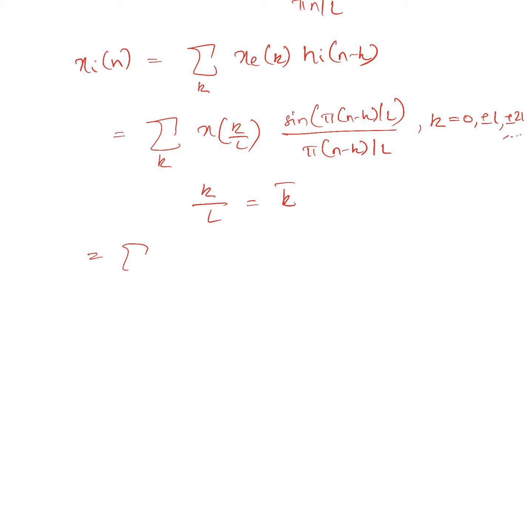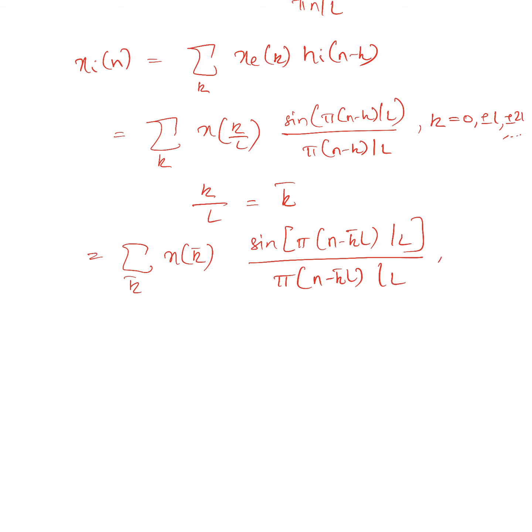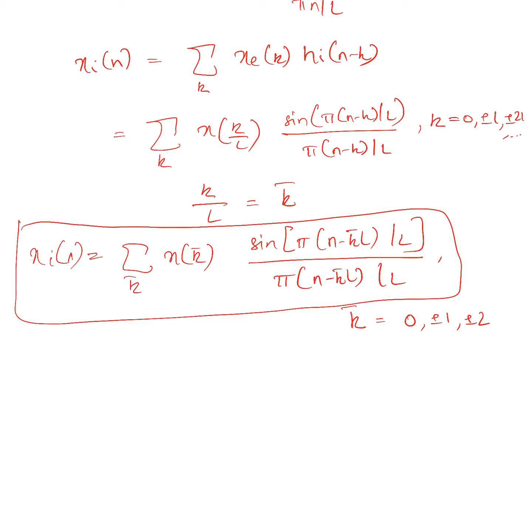So the summation won't change, it would still be varying from minus infinity to infinity, and inside this we have x of k bar, and sin(pi (n minus k bar L) by L) divided by pi (n minus k bar L) by L. Now here your k bar would change to 0, plus minus 1, plus minus 2, because k bar is equal to k by L. So you can use this relationship to interpolate your x of k by passing this low pass filter.